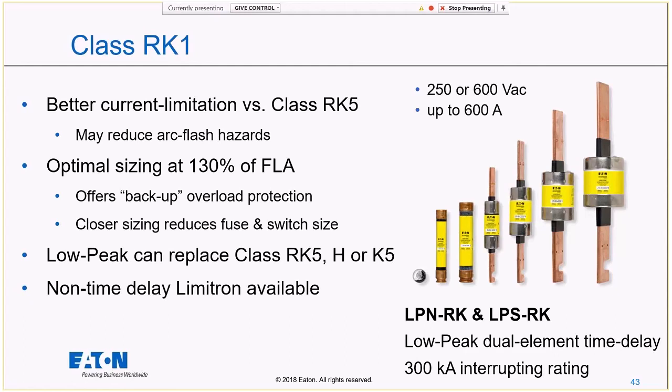It can also replace those H or K5 fuses and do the same thing. And again, it'll fit in that same holder as the RK5 fuse came in, since it's that upgraded version of the fuse. So really great choice here. The LPN or the LPS, those are my part numbers for my RK1 fuse.